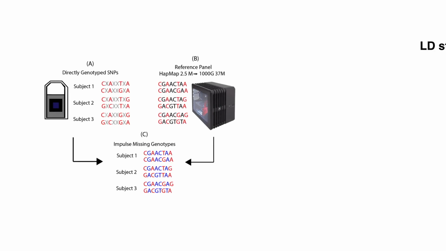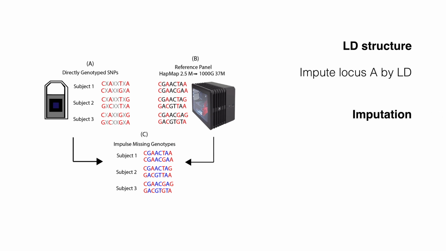LD allows imputation of genotypes. Because of LD structure, we can measure frequency of one locus and impute the frequency of another locus because of its association. Imputation is a statistical inference of unobserved genotypes.